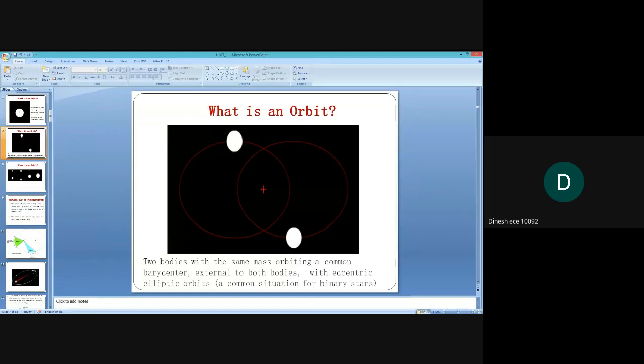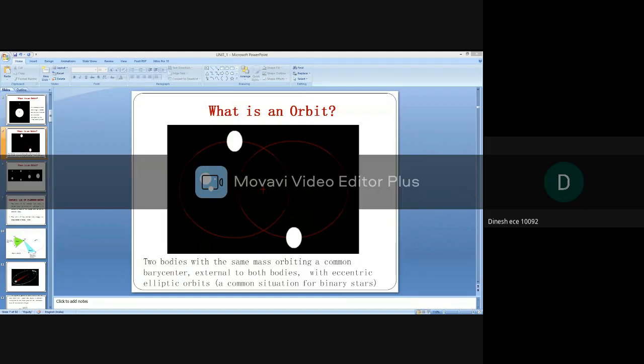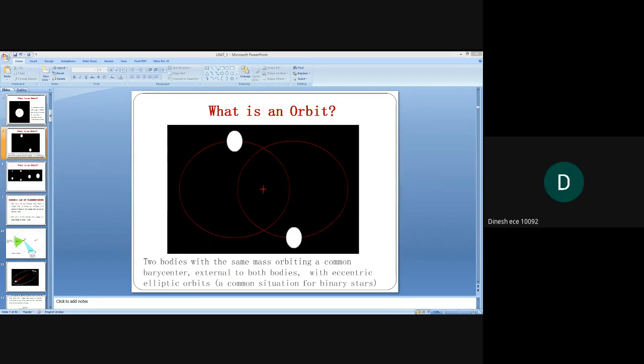So another example for orbit, you can see the barycenter at the center, a plus at the center. There are two orbits, two bodies with the same mass. You can see that this white and that white are the same mass.